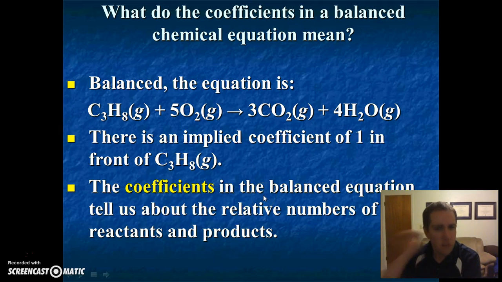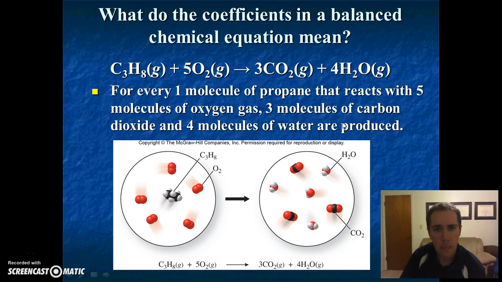The coefficient is referring to the relative number of reactants and products. For every 1 C3H8 that we had, we needed to react 5 oxygens. And for every 1 C3H8 we started with, we got 3 CO2s and 4 waters. That's exactly what this is showing us.